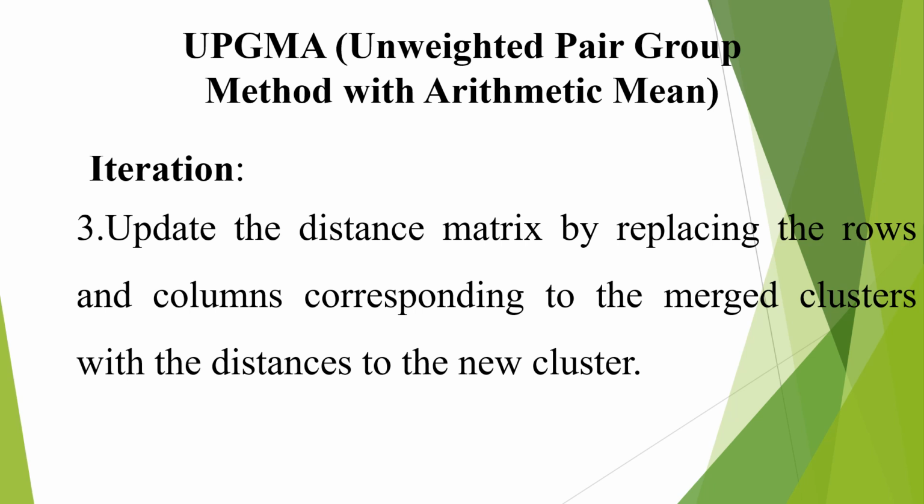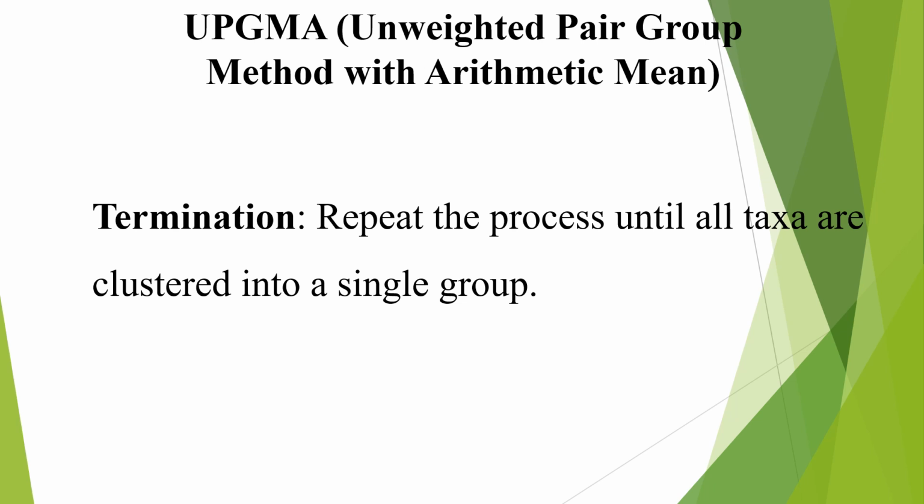Update the distance matrix by replacing the rows and columns corresponding to the merged clusters with the distances to the new cluster. Termination: repeat the process until all taxa are clustered into a single group.